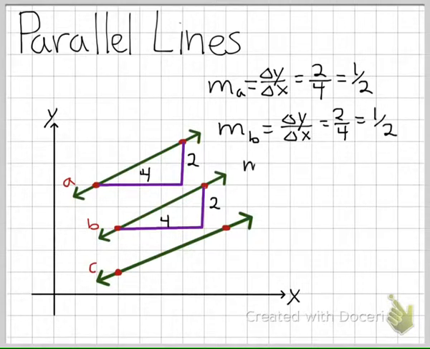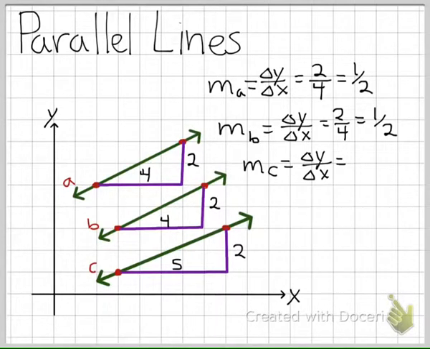Next we look at the slope of C, which is the change in y, again over the change in x. And for C, we get a vertical change of 2, but a horizontal change of 5 units. So that gives us 2 over 5, which is just 2/5.